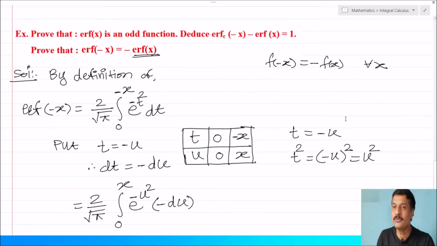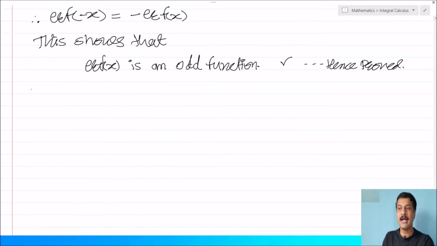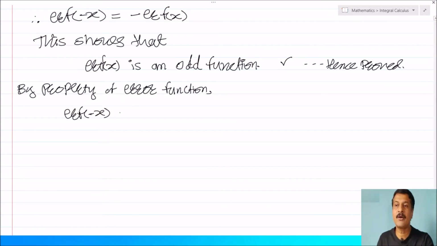Now we want to deduce something extra. What is it? Deduce complement of error function of minus x minus error function of x equal to 1. So interesting it is. As we know, by property, error function of minus x plus complement of error function of minus x equal to 1.